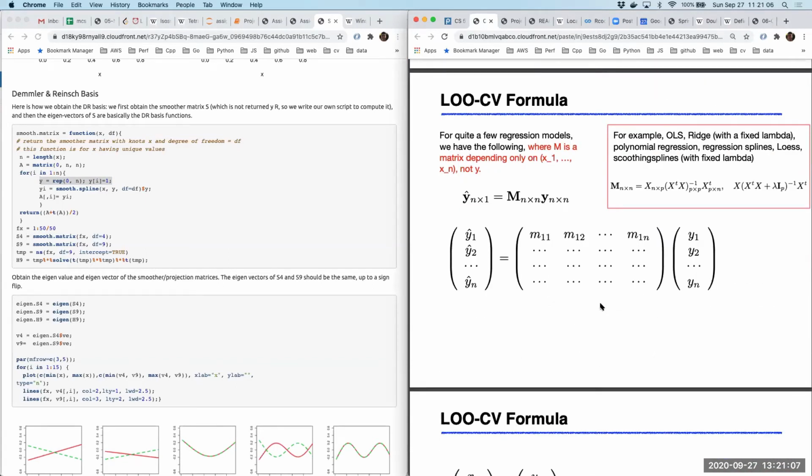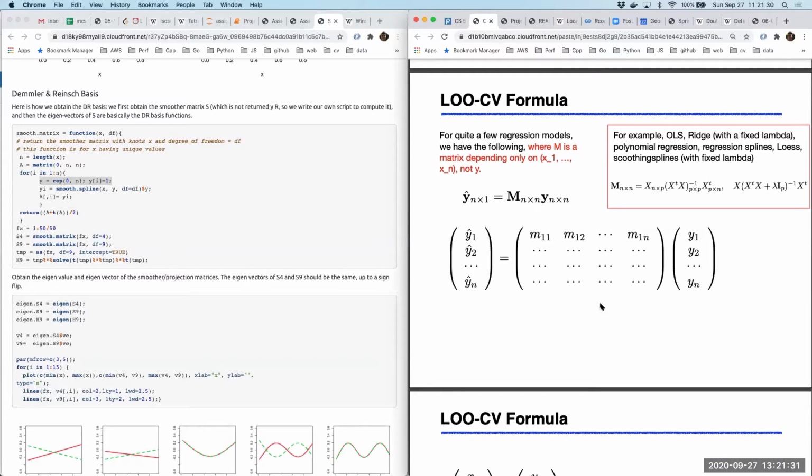Okay. So there are several models like you mentioned, linear regression, ridge, or smoothing spline. And they all have this nice property where the predicted value y hat is equal to a matrix times y. For example, you already know for linear regression, the matrix M is the projection matrix, which I give the expression on the right.